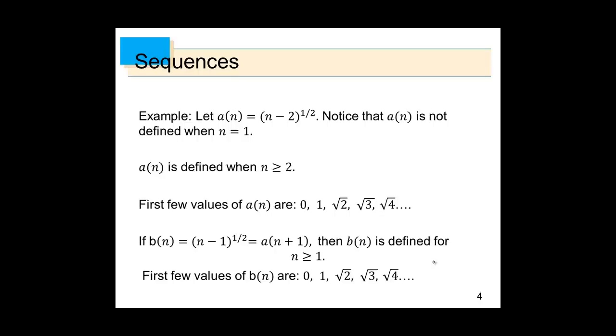There is a one-to-one correspondence here. Okay? So that's why it doesn't really matter. You have an infinite list. Is that making sense? But usually we will take the domain to be from 1 to infinity, but sometimes the sequence might start at 2, sometimes it might start at 0.